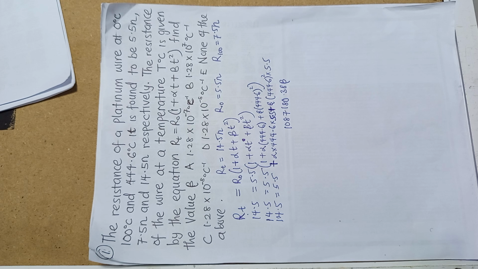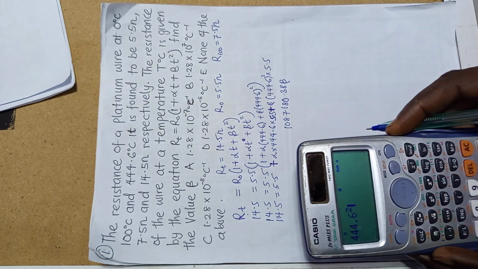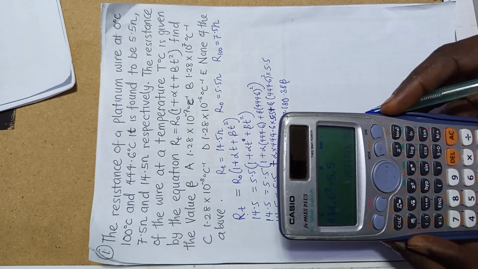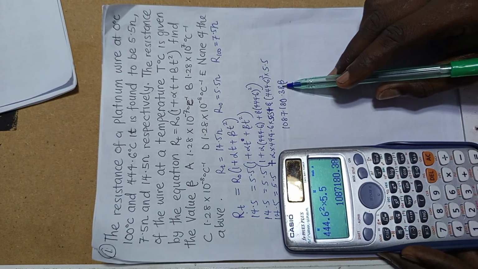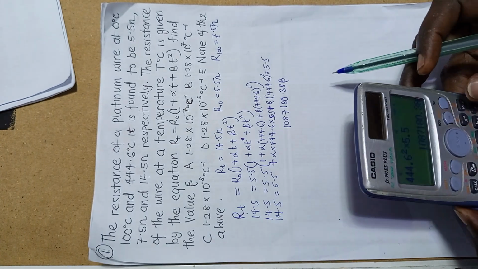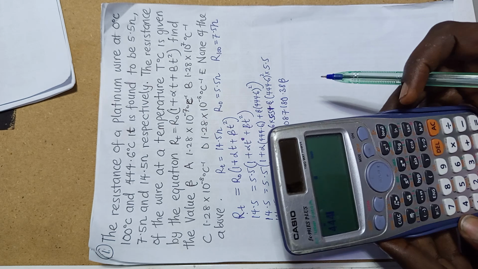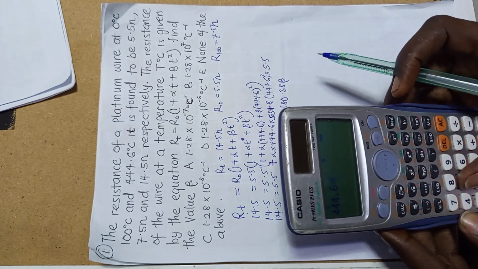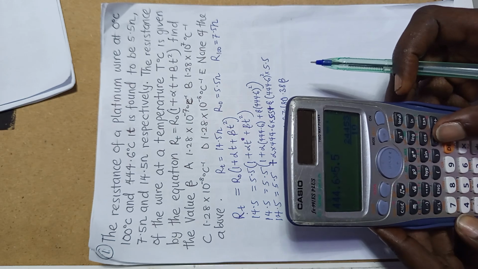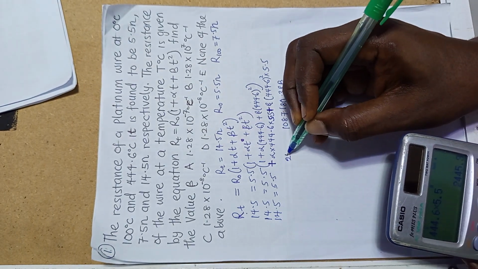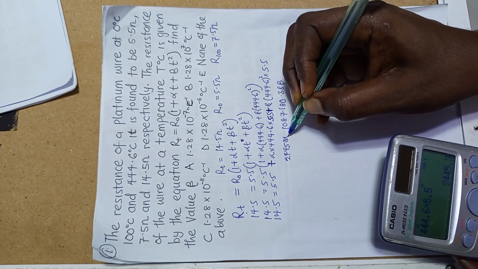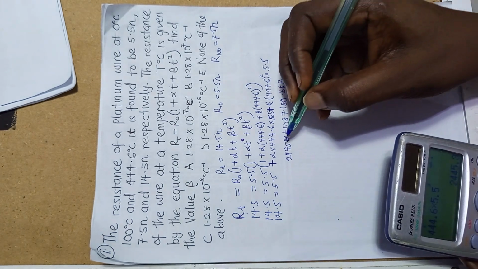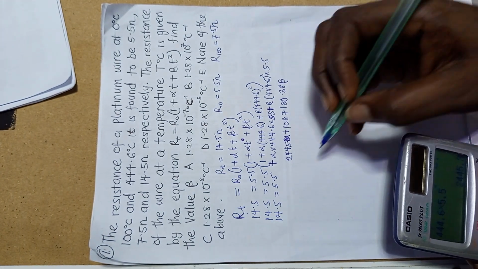So 444.6 square times 5.5 is 1087180.38 beta. Then 444.6 times 5.5 is 2445.3 alpha.